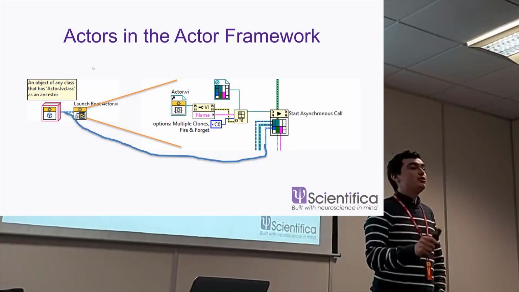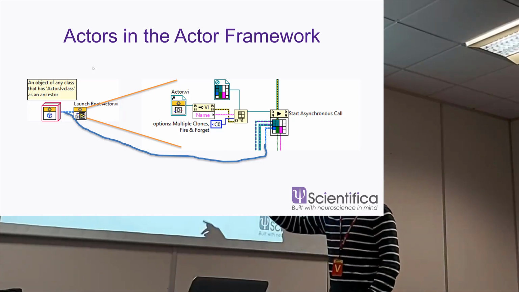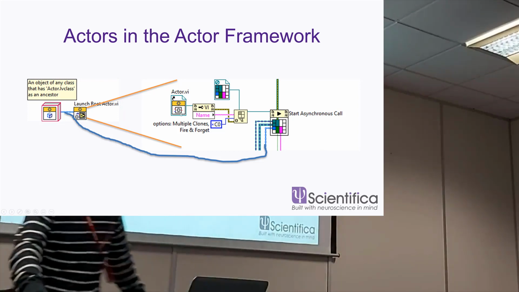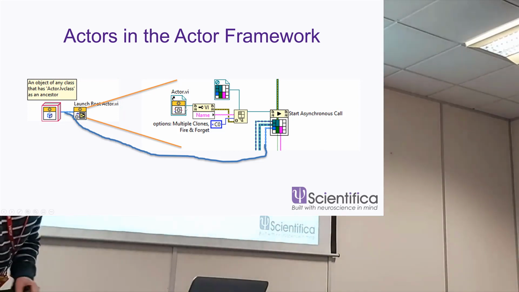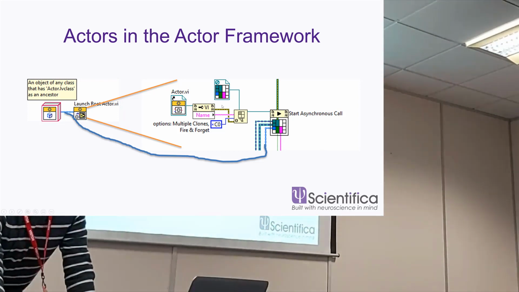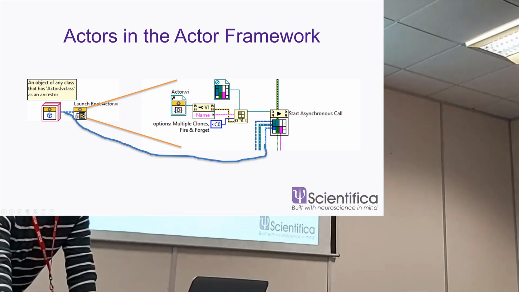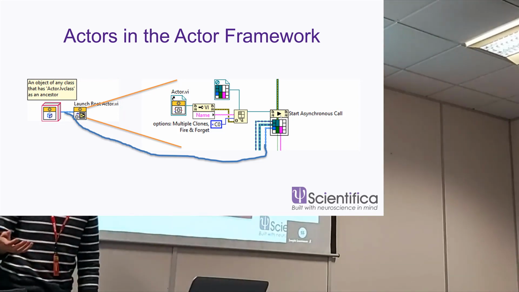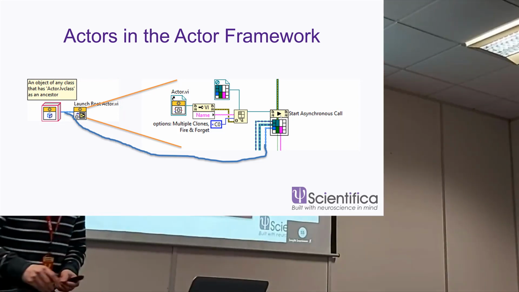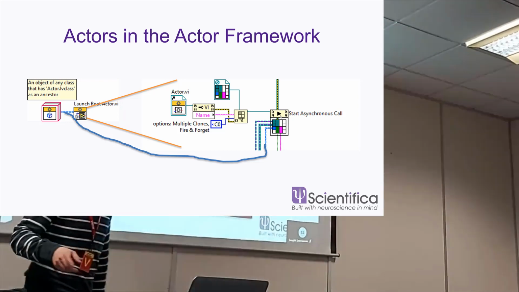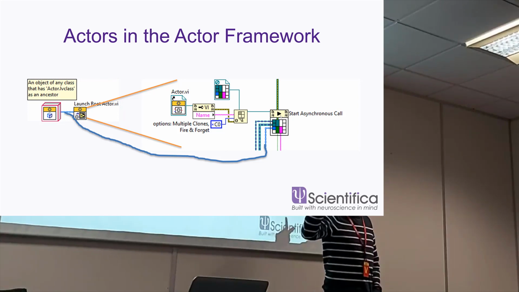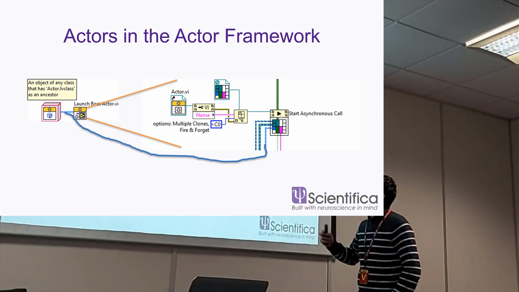When we launch a root actor, using that VI there, in the background, we are getting a static reference to actor.vi. We're getting a VI reference to it, but then we're starting an asynchronous call. So that was rule number 1 that I showed you earlier.